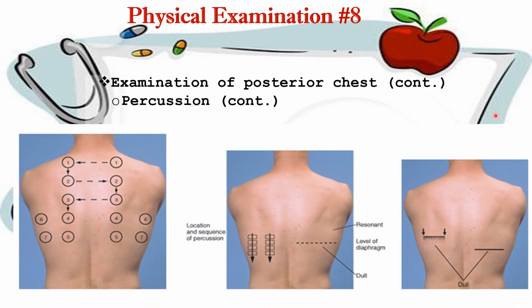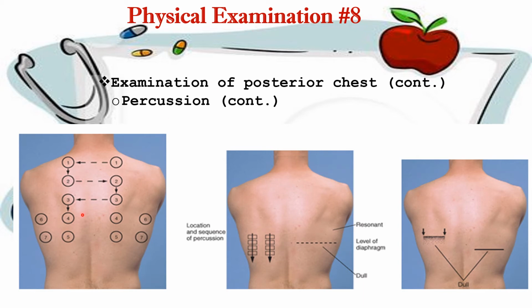Okay, to continue with our percussion. So aside from percussing for the tone, you have also to percuss for diaphragmatic excursion. So while the patient keeps both arms across in front of the chest, you have to percuss the thorax in symmetric locations from the apex to the base of the lungs.